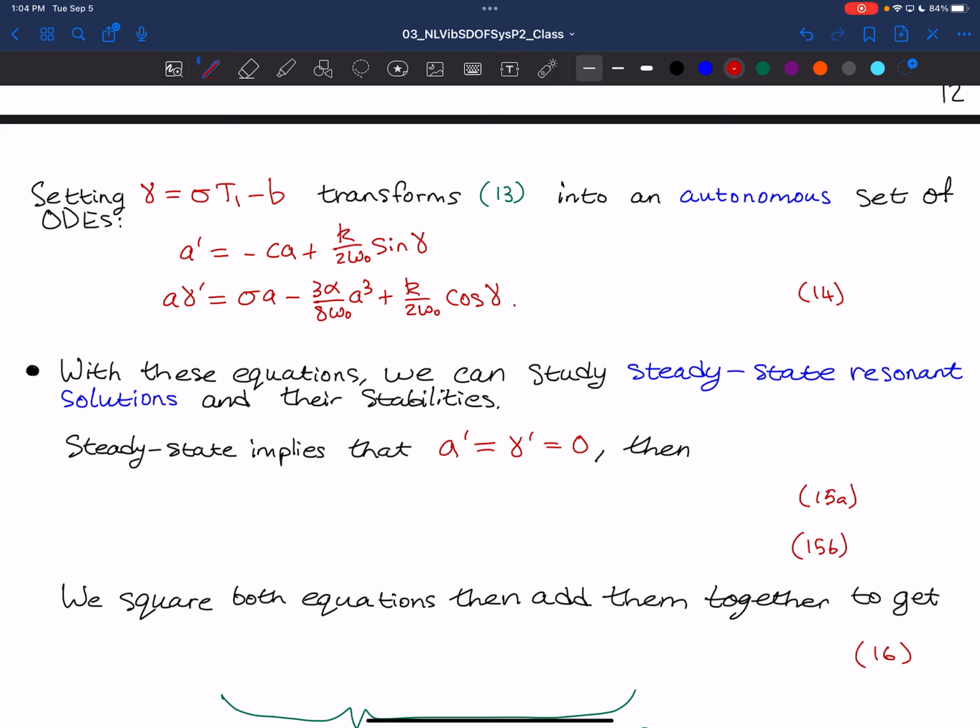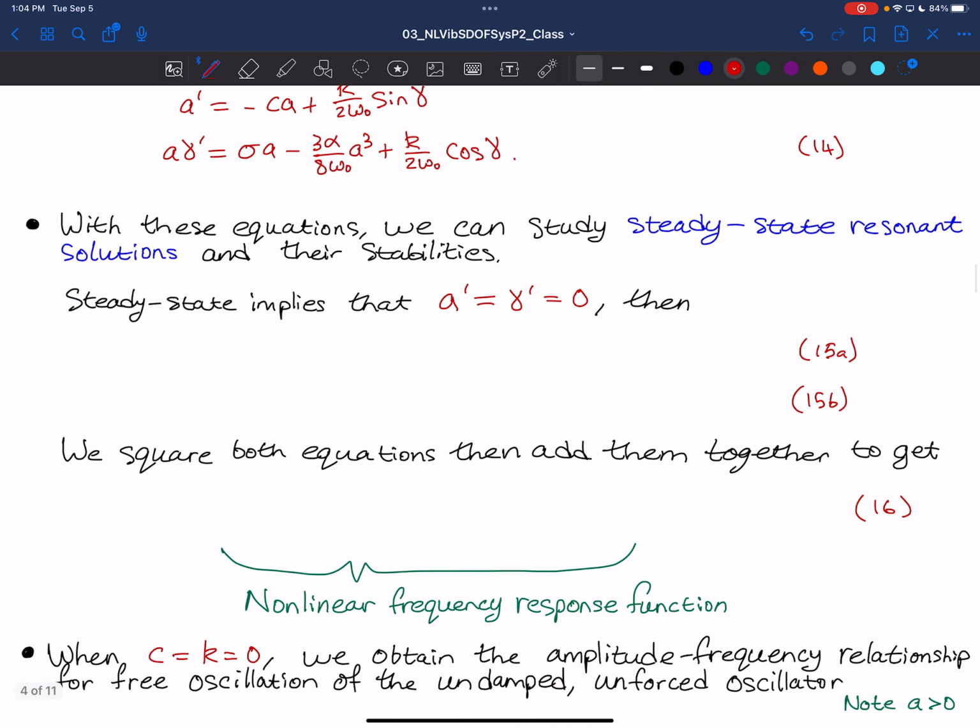And as a result, we end up eliminating the derivatives and get back the two equations of cA equal to k/(2ω0) times the sine of gamma, and then Aσ minus 3α/(8ω0) times A³ is then equal to minus k/(2ω0) times the cosine of gamma.